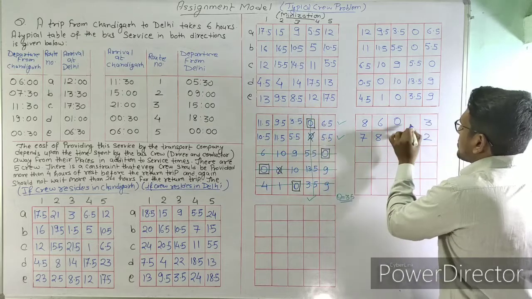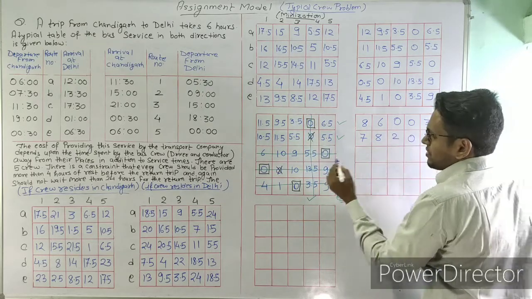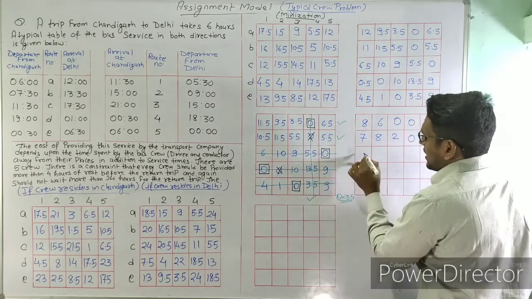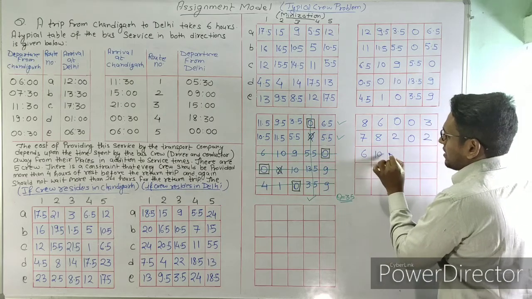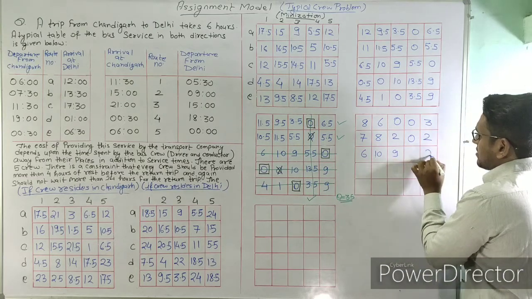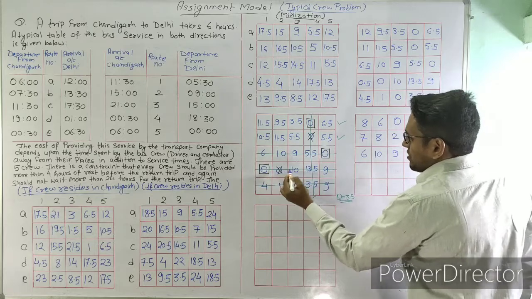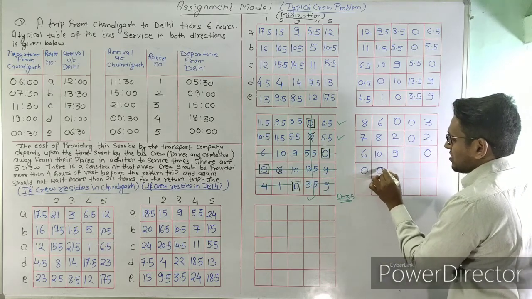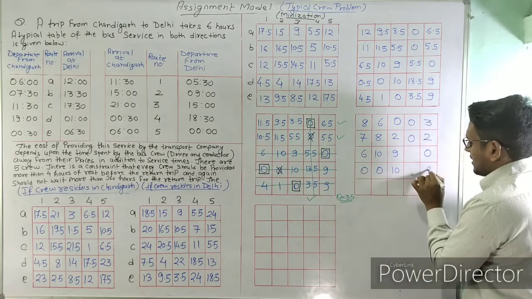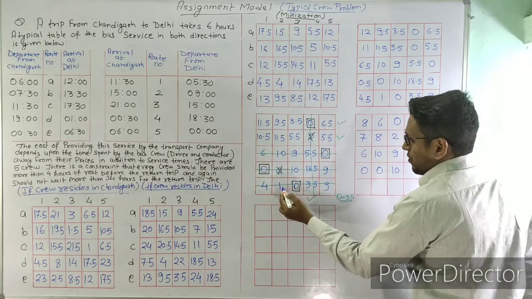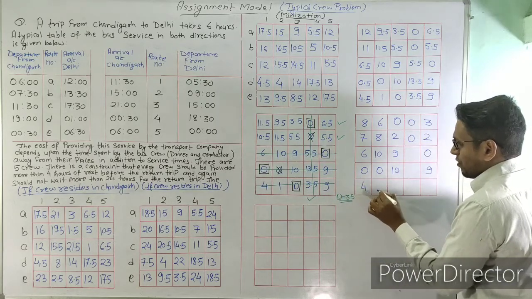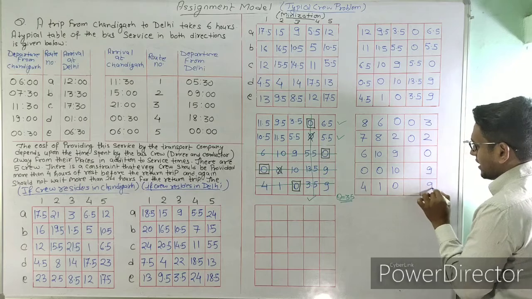So this is 0, 0. We are going to write these values 6, 10, 9. This is 0, 0, 10. This is 4, 1, 0, 9.